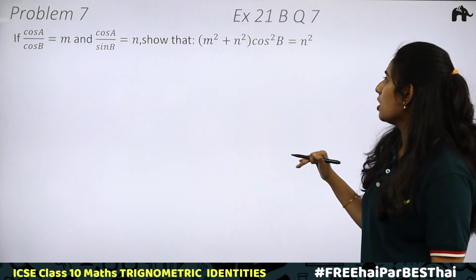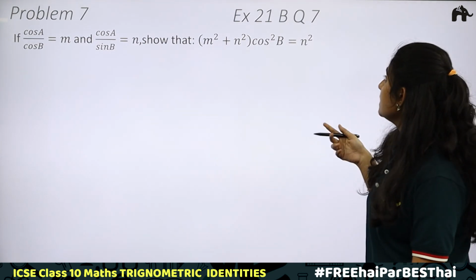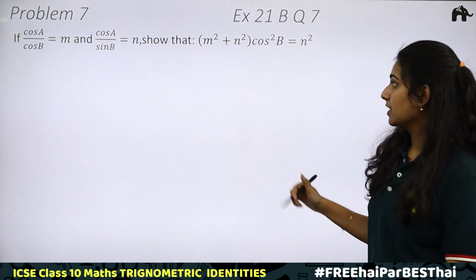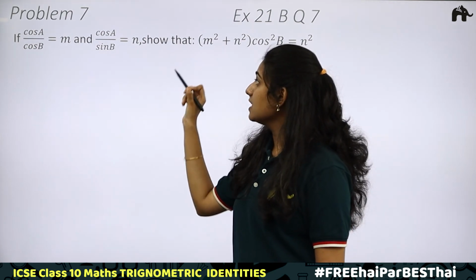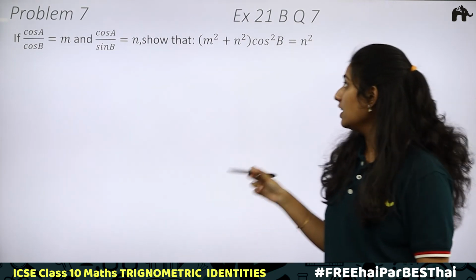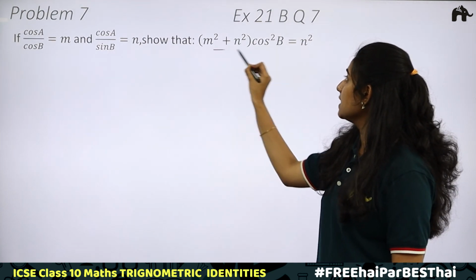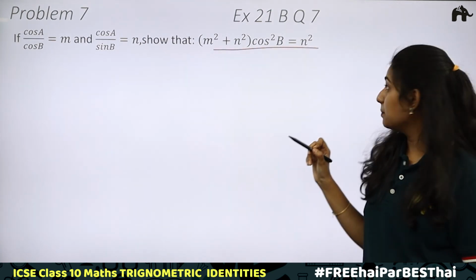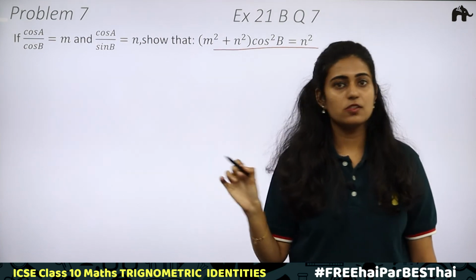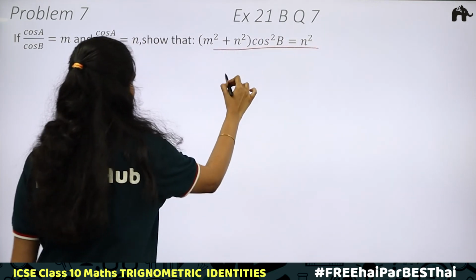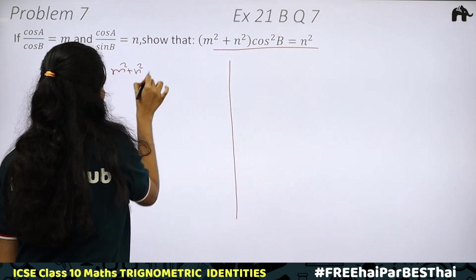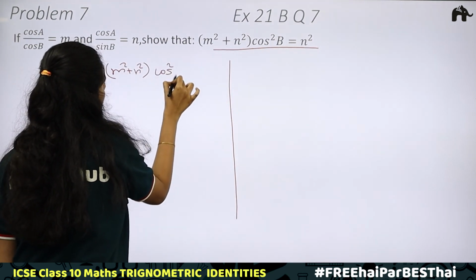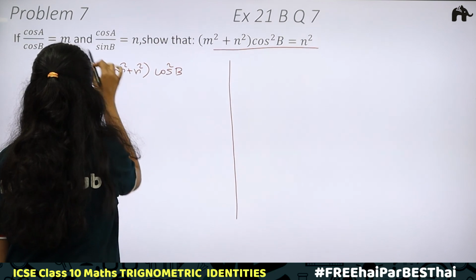Here we have the last problem for today, question 7 of exercise 21B. If cos A by cos B is equal to m and cos A by sin B is equal to n, show that m square plus n square into cos square B is equal to n square. So we will be starting from this part, that is m square plus n square into cos square B is equal to, what is m?